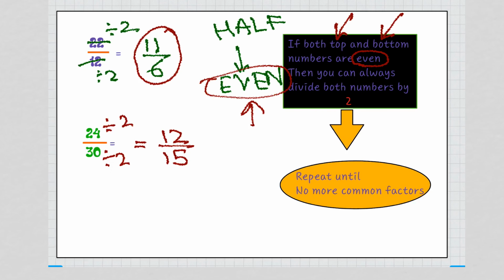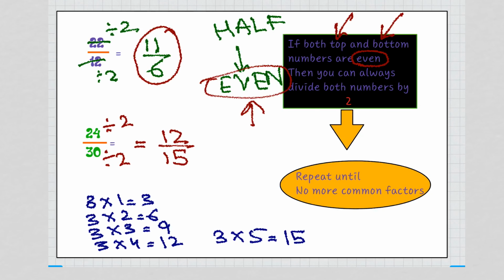But we know that we can find more common factors. 12 and 15, they both go in the table of 3.